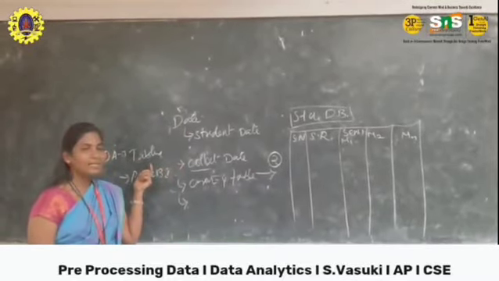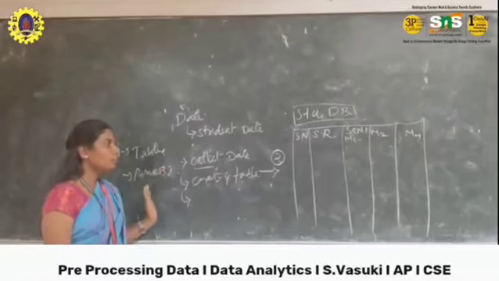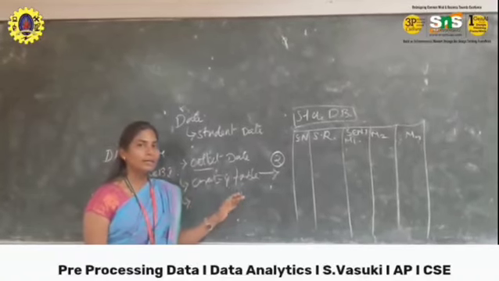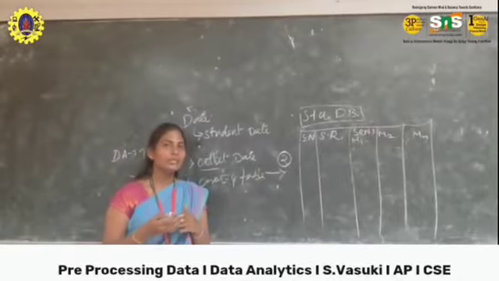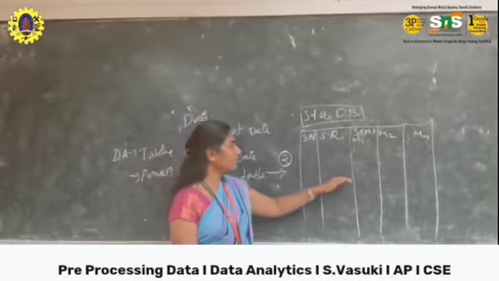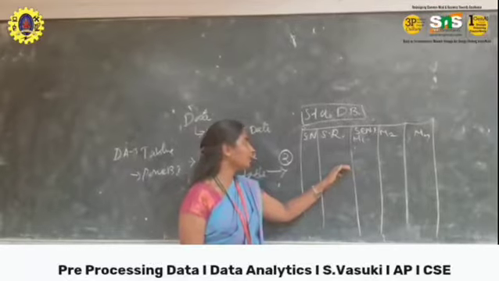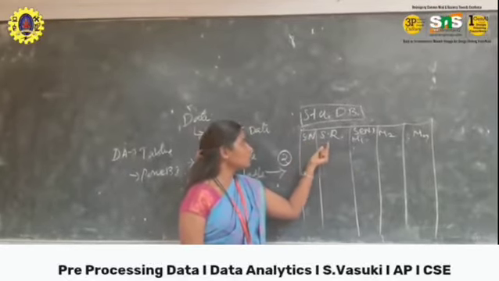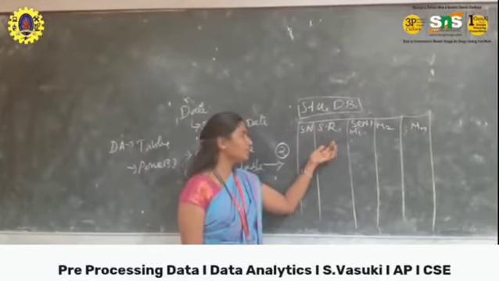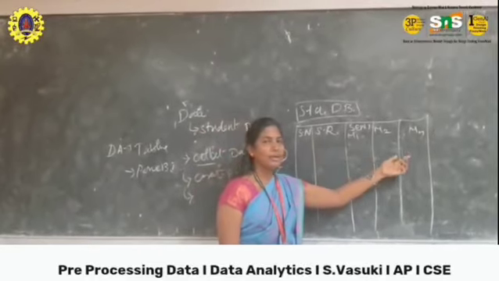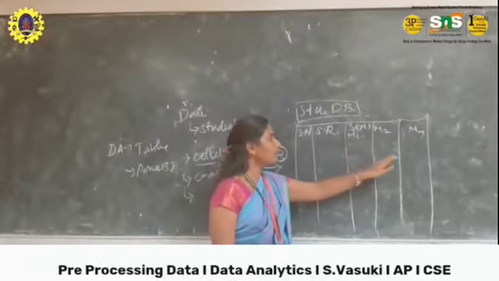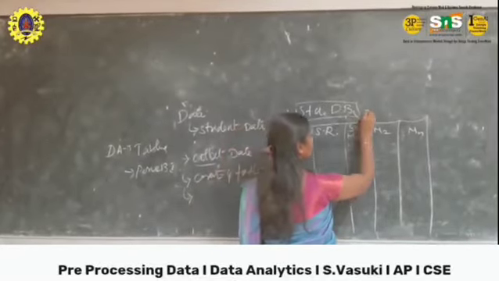After dragging the entire data, the raw data moves into metadata. Metadata is nothing but data about the data. If I take this table, student name and student roll number are the very fundamental data. Here I take M1, M2, M3, and the common representation is course marks.